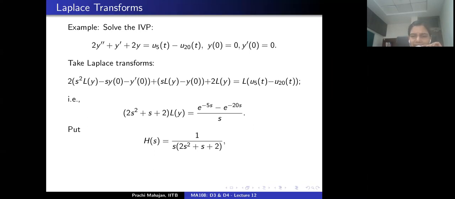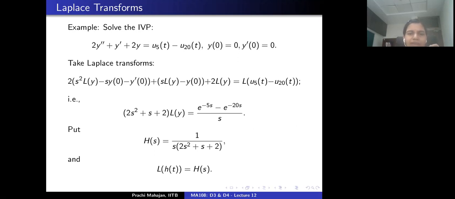And I will try to write down the inverse Laplace transform of the function capital H, which means I will try to find a function little h whose Laplace transform is precisely the given function capital H. Now, how does it help if I have been able to identify little h?